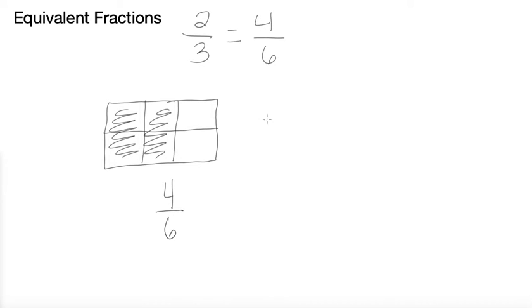But there's another way that you can do this that makes it a little bit easier. Let's say we start with 2/3. Well, I want to know what number I would have to multiply my 2 by to get to 4, and what would I need to multiply my 3 by to get to 6? 2 times what equals 4?